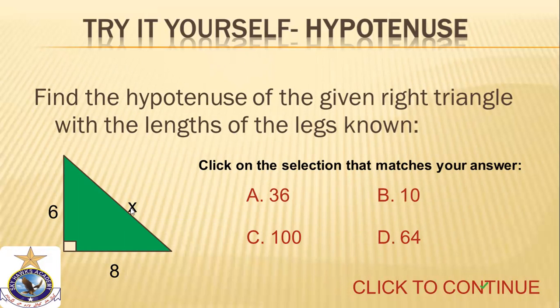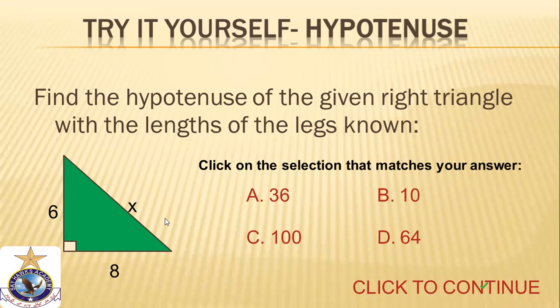Okay, how can you find this? Do you have a calculator? I don't have a calculator on me, no. Okay, it's not handy, so you can make the calculation. You will have to click the selection that matches your answer. Which one is your answer?